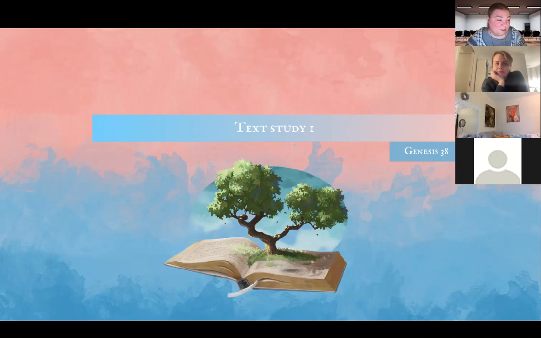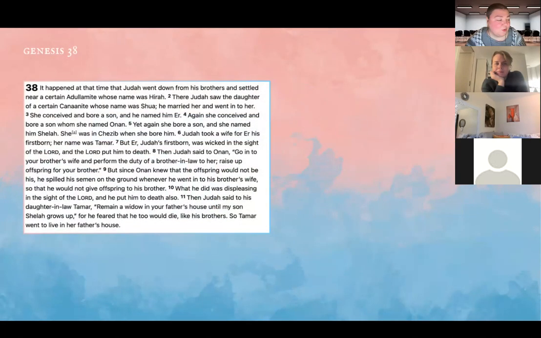Okay, Genesis 38, we begin reading from verses 1 to 11. So it happened at that time that Judah went down from his brothers and settled near a certain Adullamite whose name was Hirah. There Judah saw the daughter of a certain Canaanite whose name was Shua. He married her and went into her.